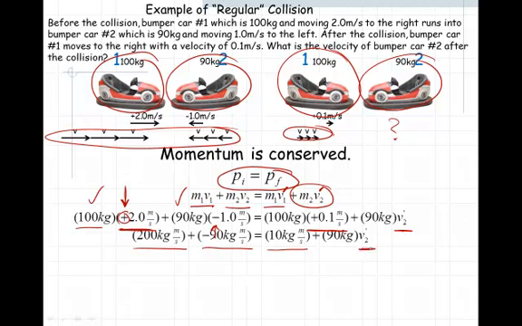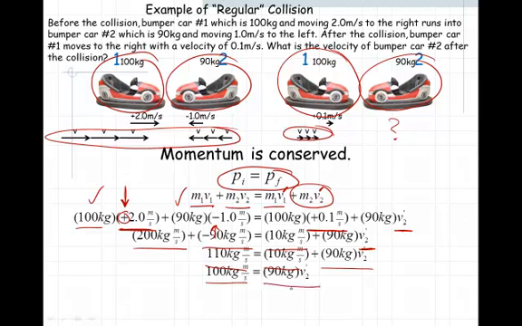And again, we're looking for v2. So in our next step, we add the 200 and negative 90 to get 110 kilogram meters per second. On the right-hand side, we still have 10 kilogram meters per second plus 90 kilograms times v2 prime. Then we subtract the 10 from both sides, so we get 100 kilogram meters per second on this side, and we still have our 90 kilograms times v2.